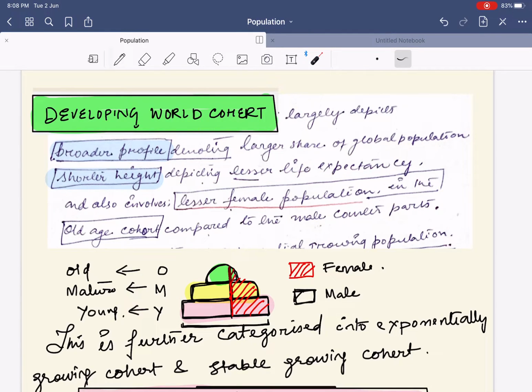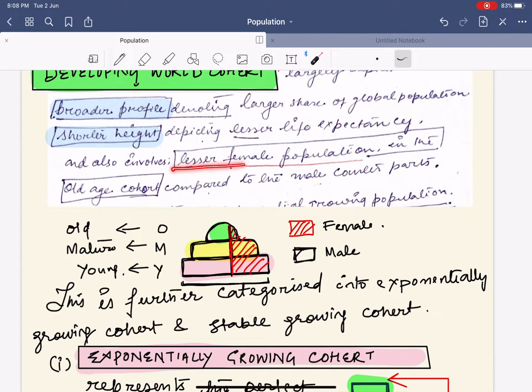Again, also within this age sex pyramid, what we are observing is a lesser female population in the old age cohort. This is your old age cohort or your old age group, and you can see that the female population is very low. Now why is the female population low? Basically what we see is that in the developing country in general, the sex ratio is not that good.